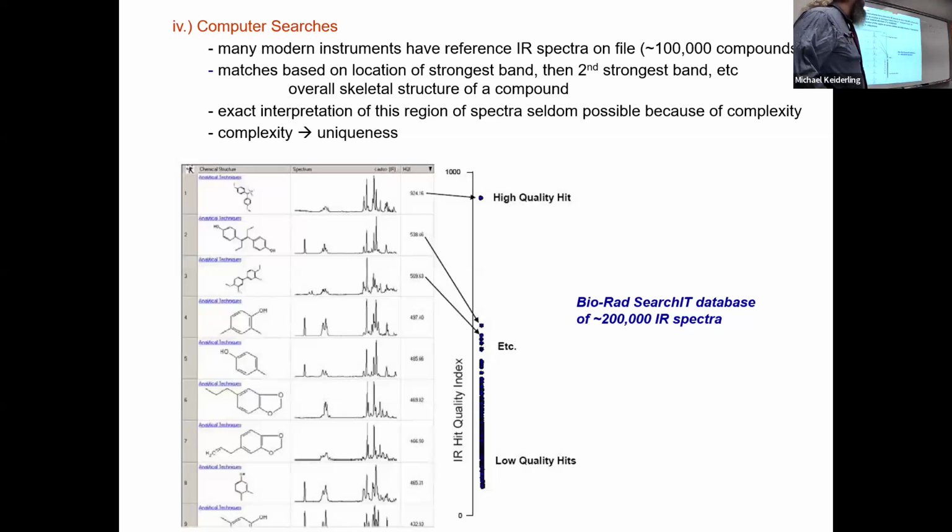For example, the Bio-Rad Search IT database has something like 200,000 IR spectra. Again, I literally don't know. I'd have to dig through the files to get an idea, but it's a lot. And that's the stuff we got with the instrument. It had some holes, which I've added to fix for later labs.